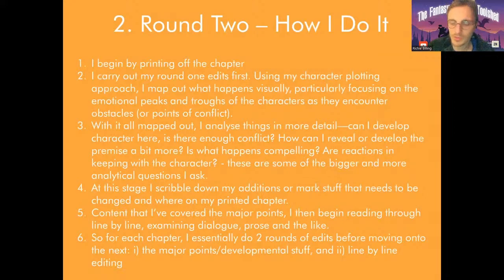You're not on a computer screen, it just works. What I do then is carry out round one of edits. I'll use character plotting to map out what happens visually, particularly focusing on emotional peaks and troughs of the characters as they encounter obstacles. I'll look at theme, plot, everything that we discussed.